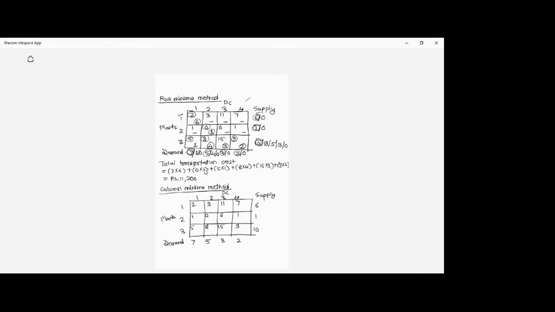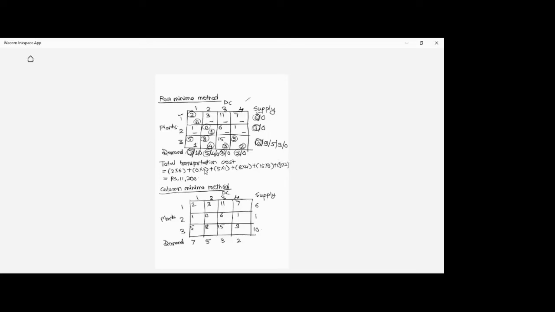Previously we did it for row. Now we are going to consider the column, right? When I say row, a row was specific to a plant or a source, and we were exhausting the capacity of that particular plant or source.